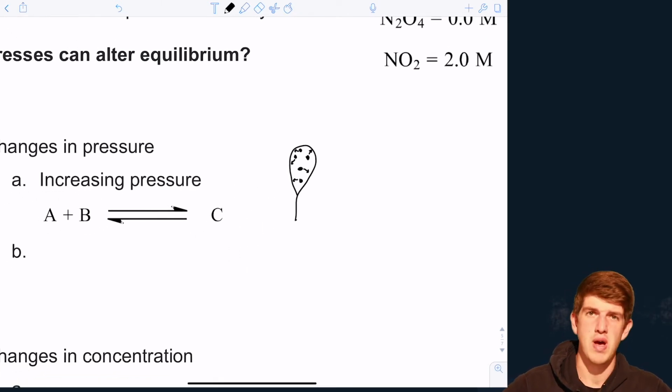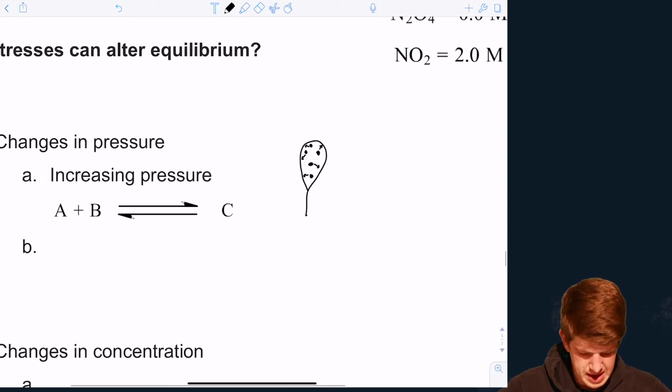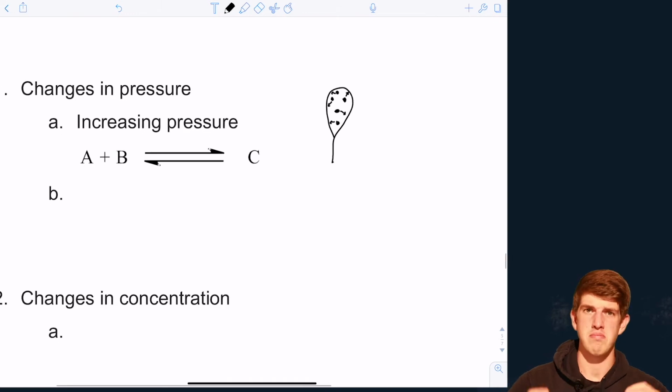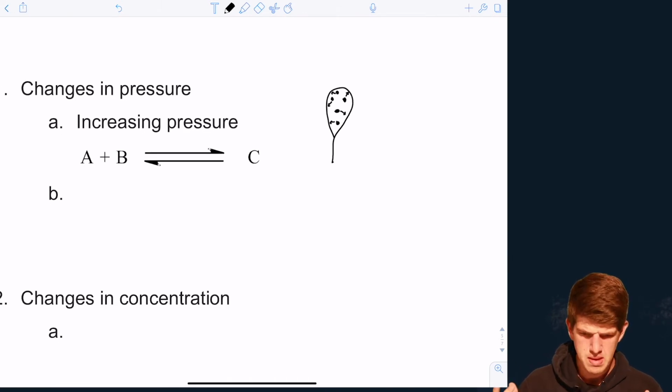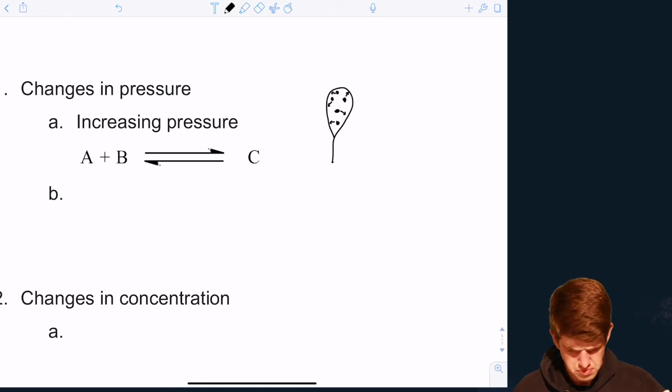The most popular way that a system can do that is by saying, all right, well, gaseous molecules cause pressure. So if I want to lower the pressure because there's too much of it right now, I can try to lower the amount of molecules that are causing the pressure.